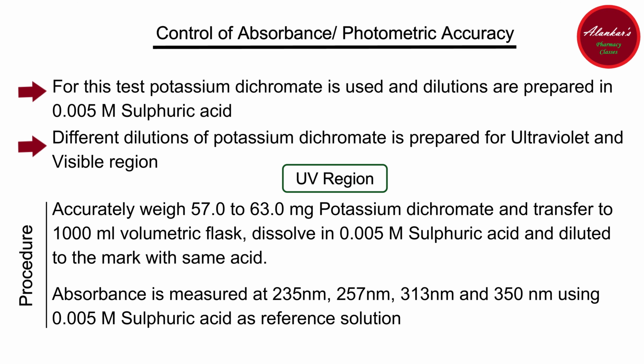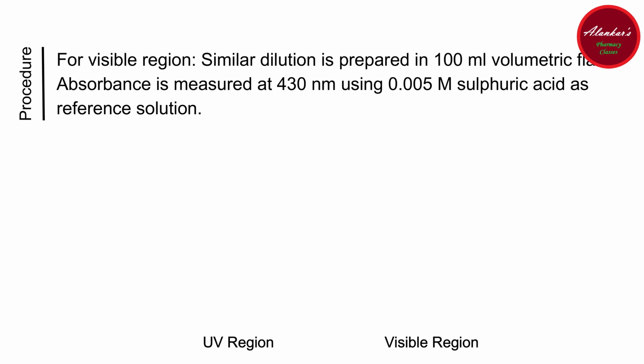The absorbance is measured at 235, 257, 313 and 350 nanometer using 0.05 molar sulfuric acid as reference solution. For the visible region, a similar dilution is prepared using a 100 ml volumetric flask. In this case, absorbance is measured at 430 nanometer using 0.05 molar sulfuric acid as reference solution.